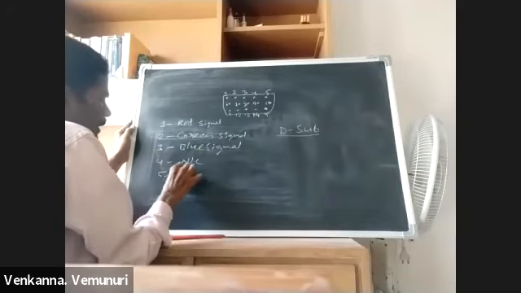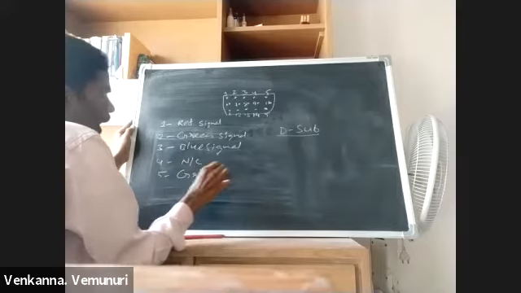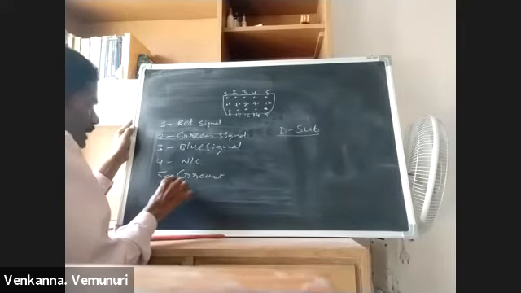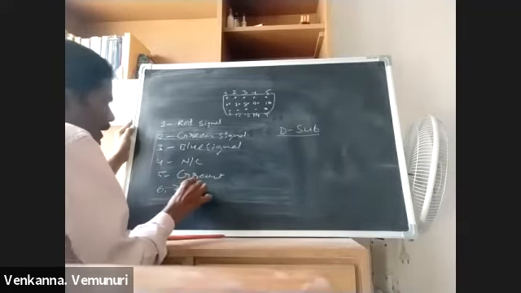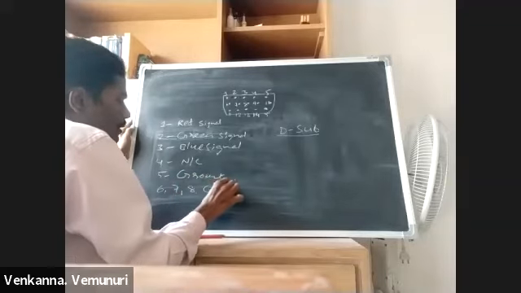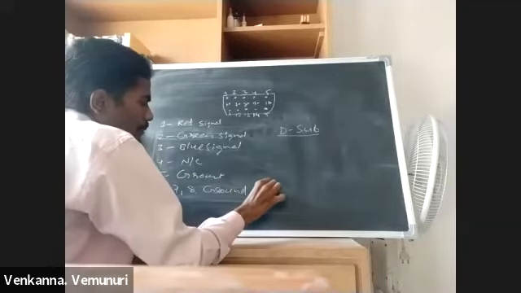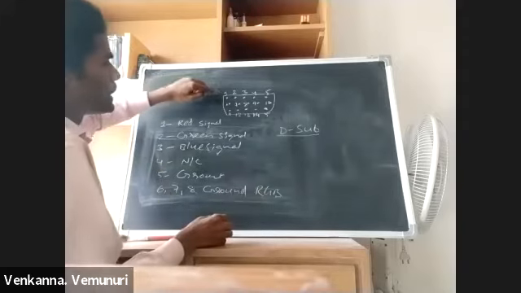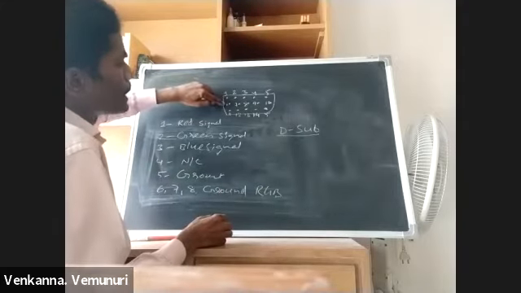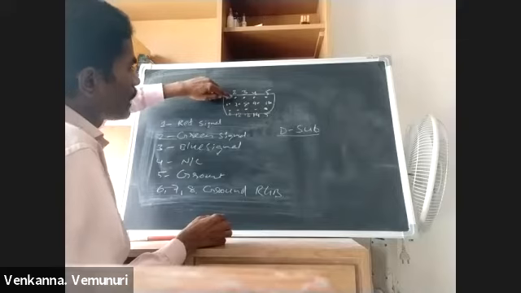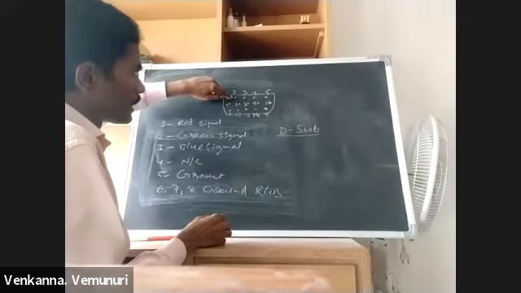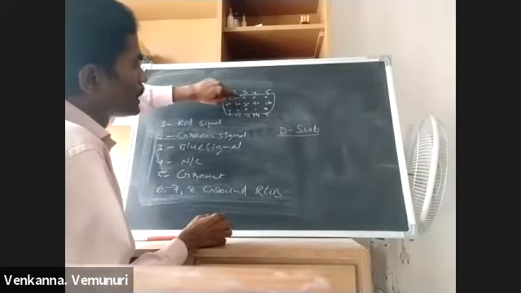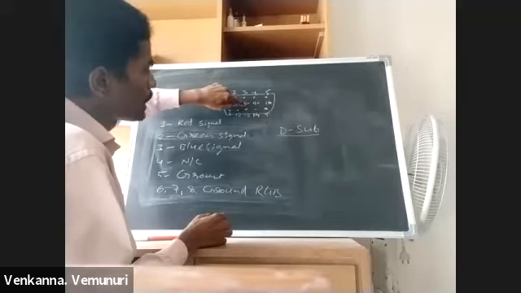Pin number 5 is ground. Pin numbers 6, 7, 8 are the grounds of RGB. This is the red signal and this is the red signal ground. This is the green signal and this is the green signal ground. This is the blue signal and this is the blue signal ground.